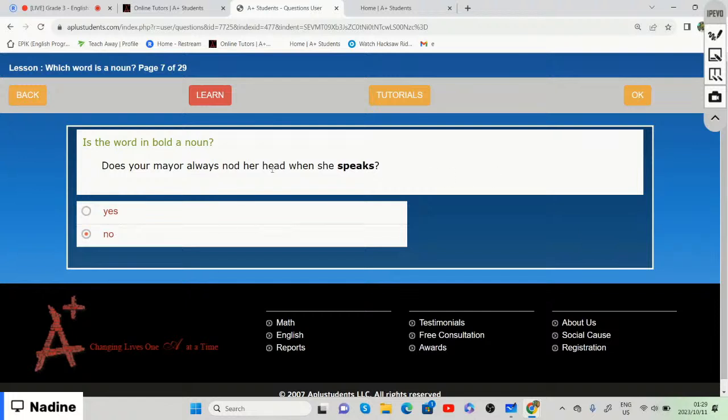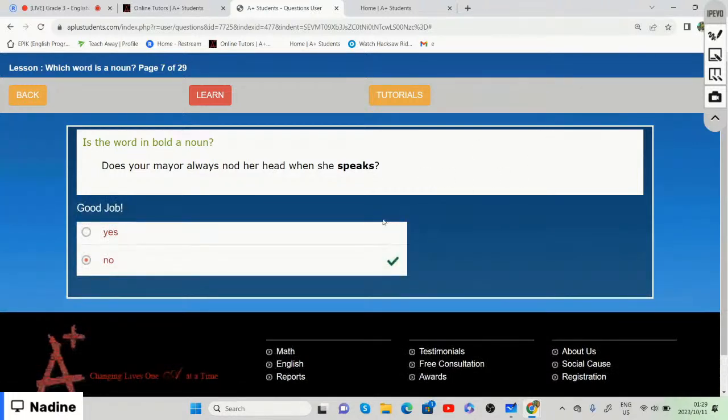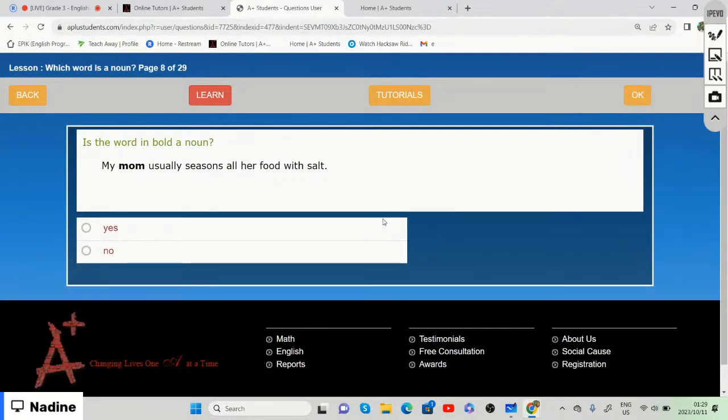Let's say no, because speaks is something that she's doing, right? And remember, a noun is not a doing word, it only names people, animals, places, and ideas.